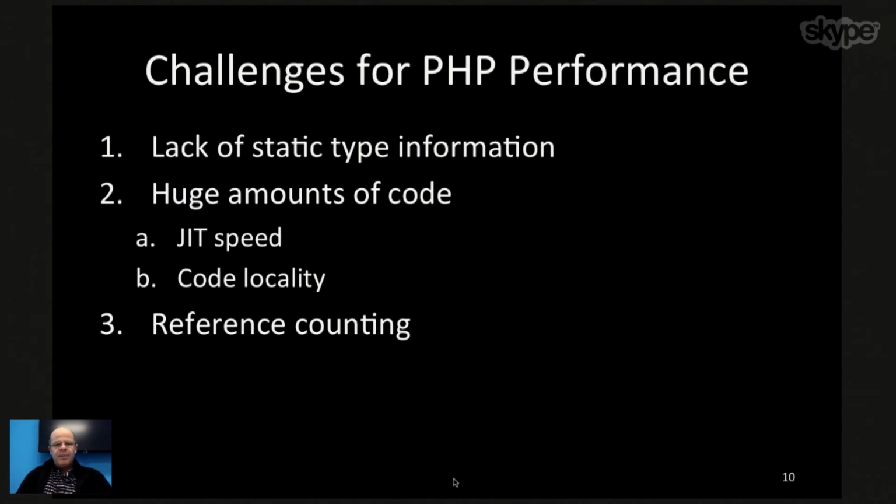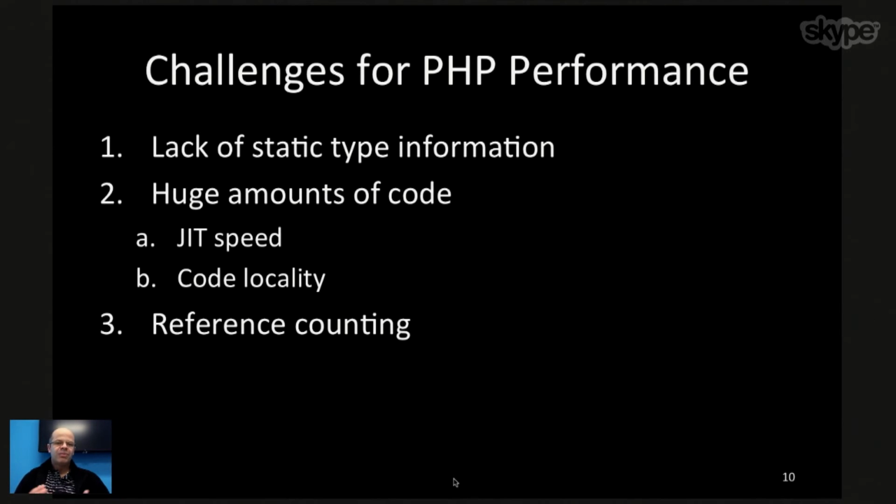Next I'm going to switch gears to talk about some of the challenges of improving performance, and some of those components and how we design them to obtain high performance. The first challenge is dynamic typing in PHP, or the lack of static typing, and the challenge that imposes. The second is the huge amount of code we need to deal with when running a large-scale website.